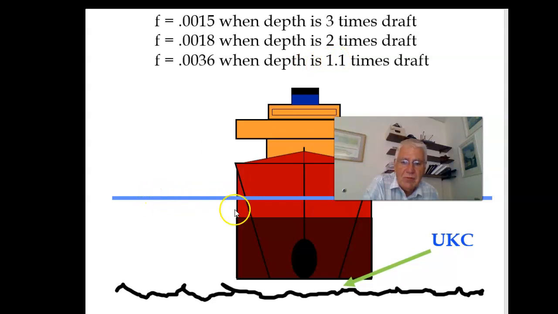The draft is 20, the water depth is 22, yep, that's 1.1 times the draft. Then you would have to use this factor, decimal 0036, and plug this in. That's going to change things dramatically, and we'll watch how that happens.